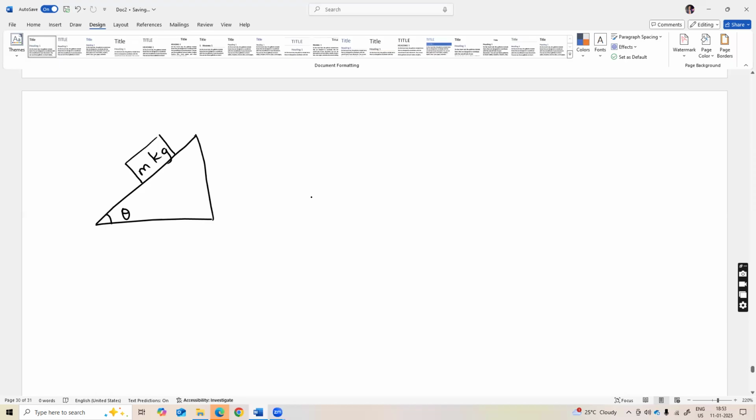If this entire wedge is moving with acceleration a, what will be the normal reaction and the limiting frictional force? Mu is the coefficient of friction and g is acceleration due to gravity. Is it possible for you to solve this? Try to solve this.